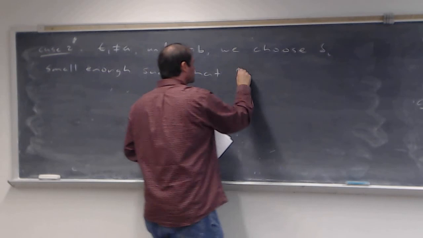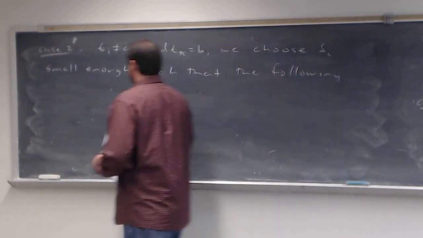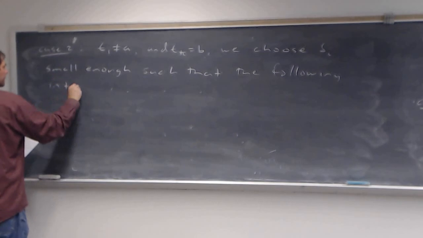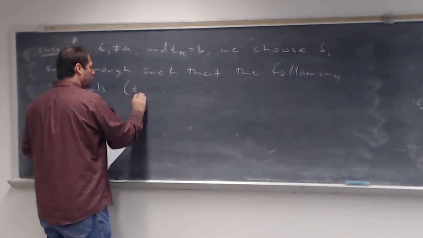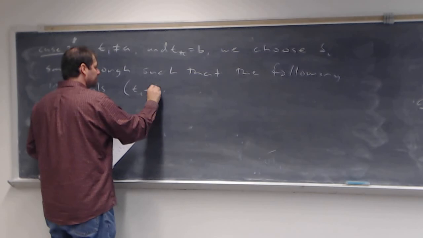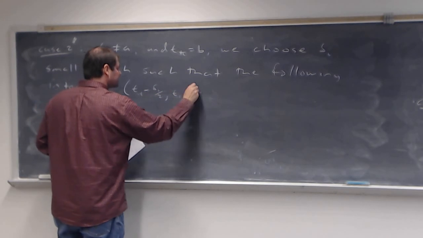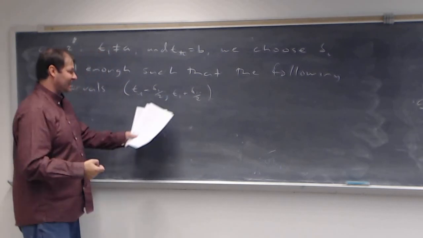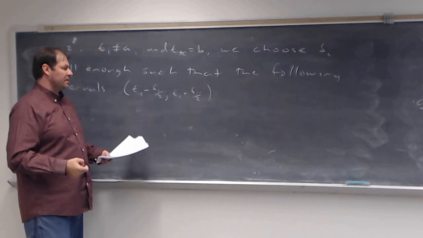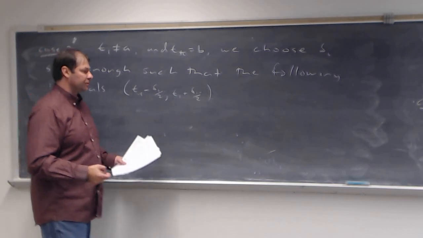the following intervals. The first interval we'll look at is t sub 1 minus delta sub 1 over 2 up to t sub 1 plus delta sub 1 over 2. You know, this interval obviously contains t sub 1. It's the neighborhood of t sub 1 with radius delta sub 1 over 2.